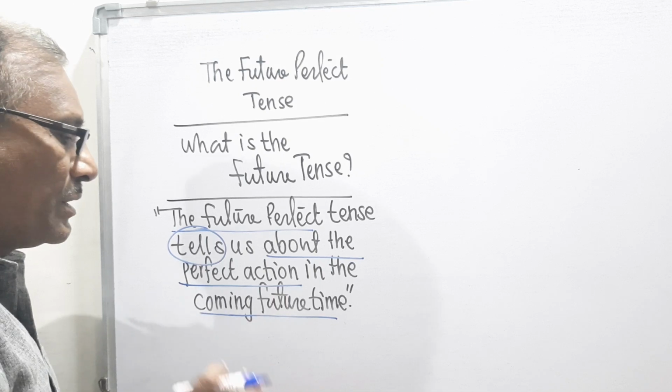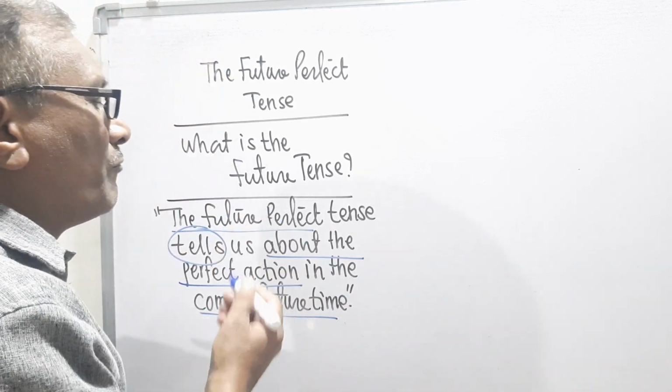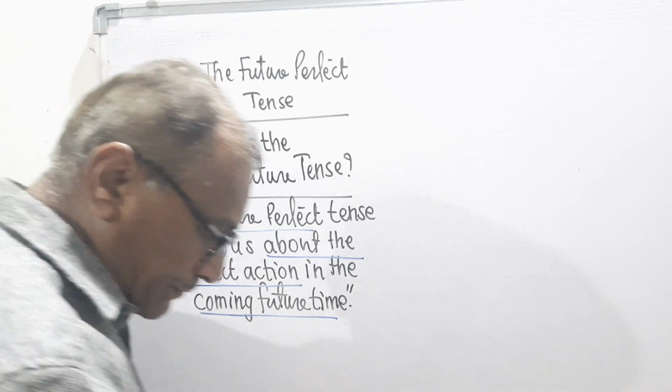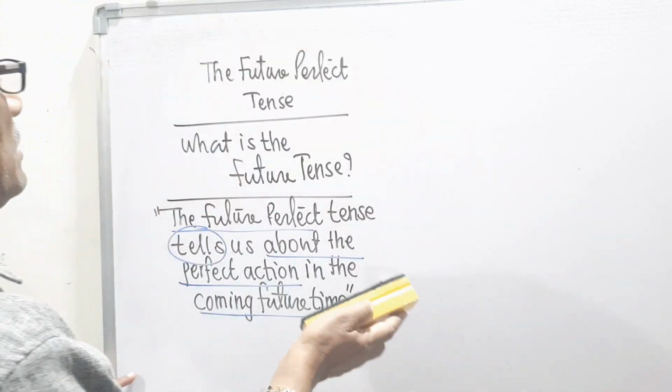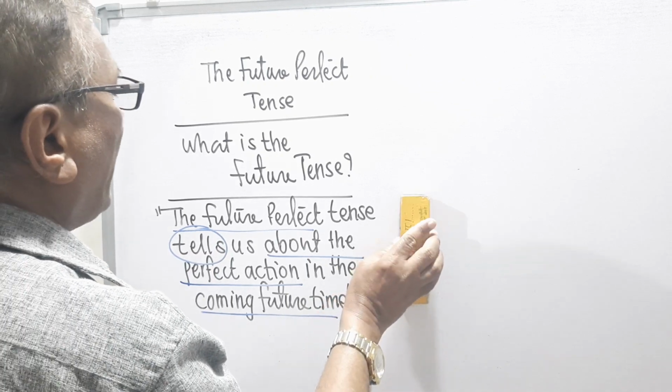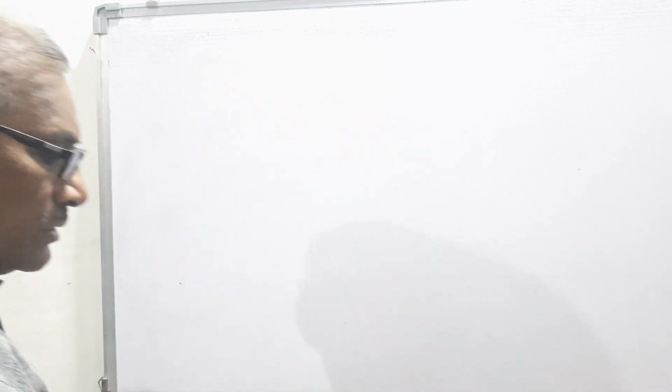It means that in the future times that action will have been completed. So remember, here we are discussing what is the future perfect tense. So I told you the definition of the future perfect tense.